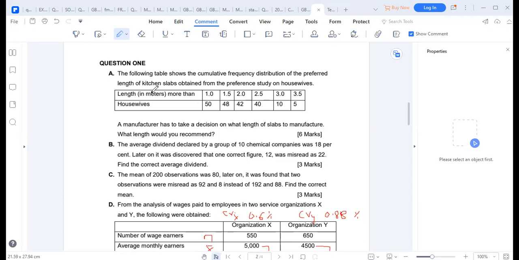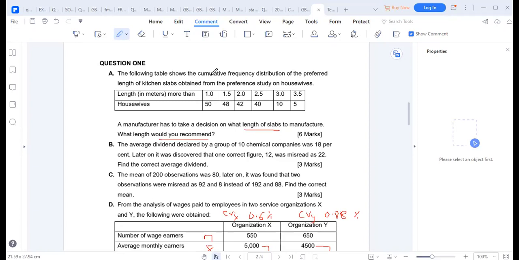for a preferred length of kitchen slabs observed by housewives. We're given the data below. So we now need to calculate the length of the slabs that you'd recommend, 6 marks.